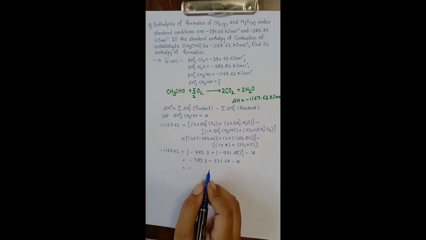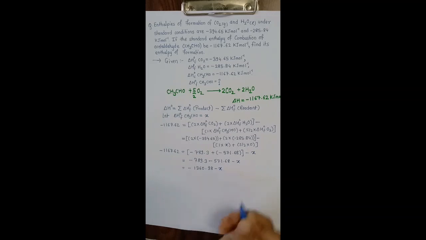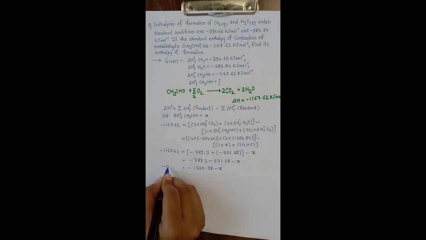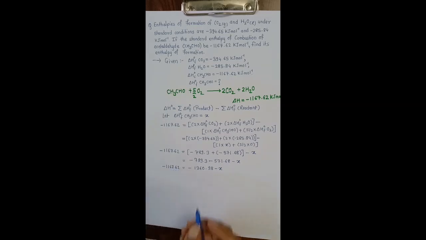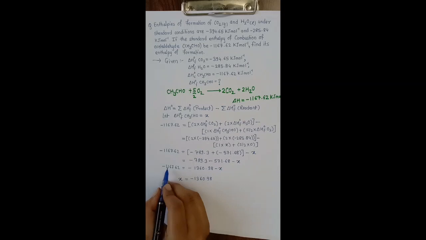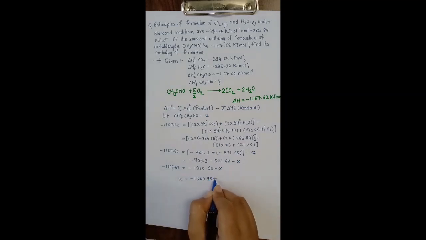So this addition is equal to minus 1360.98. This minus x as it is. This minus 1167.62. So now we will transfer this minus x to the right hand side. It will become plus x. Minus 1360.98. This minus 1167.62 we will transfer to this side. It will become plus.